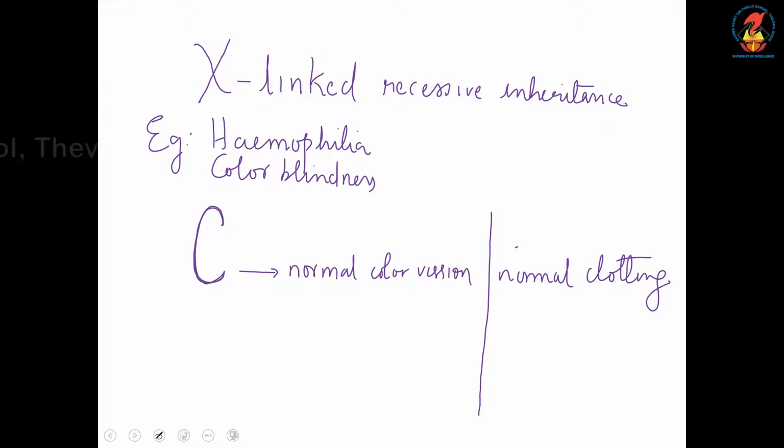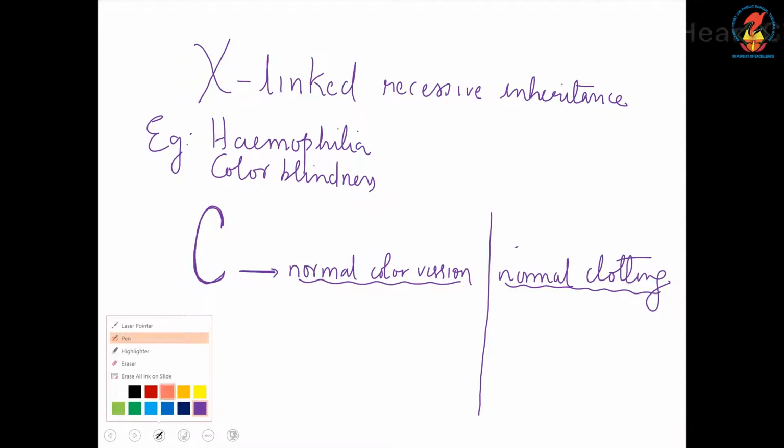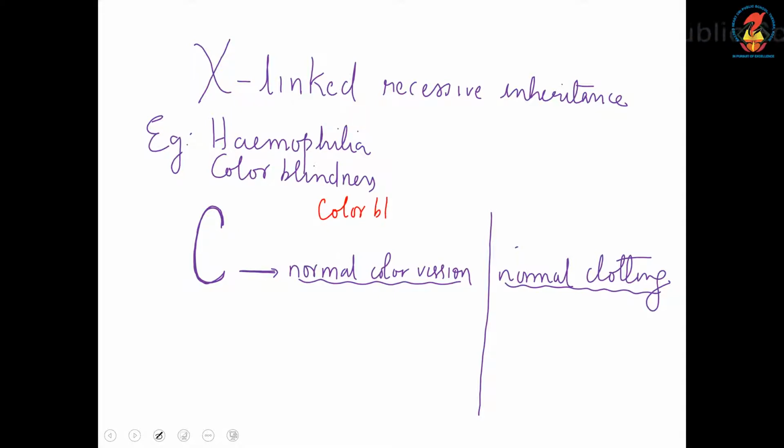So, let capital C indicate normal color vision in the case of color blindness, or in the case of hemophilia let it be normal clotting. Let me bifurcate it clearly: color blindness on this side, and the other side is dealing with the disease hemophilia.